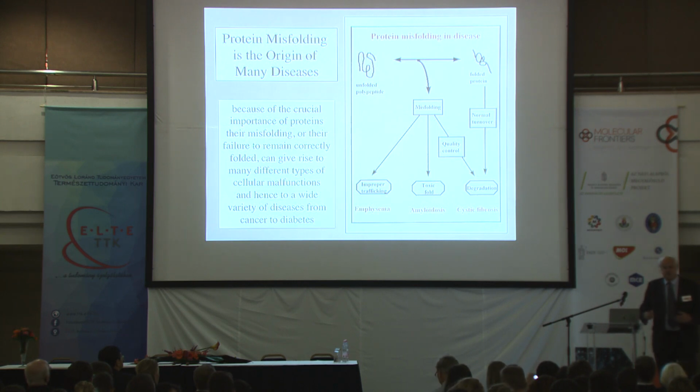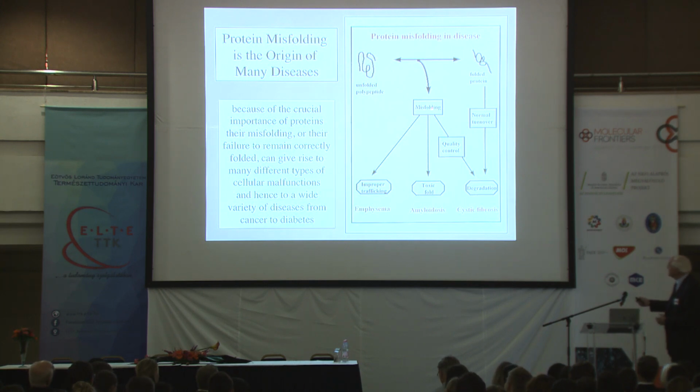The classic example is, I think, the most common genetic disease in the world, which is cystic fibrosis, where the misfolding of a membrane protein as a result of many different mutations ends up in lower concentration in people suffering from these diseases. They don't process ion transport in the lung properly, and they end up with the symptoms many of you will be familiar with.